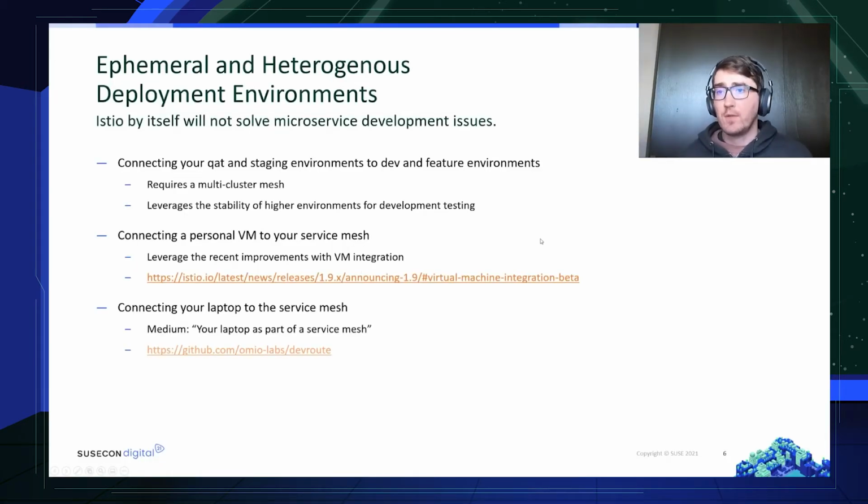The next option, that's I guess one step below that, would be to add a personal VM to your mesh. Maybe you do all of your development on a VM running either in the cloud or in a data center or something like that. You're just running on a thin client on your local machine.